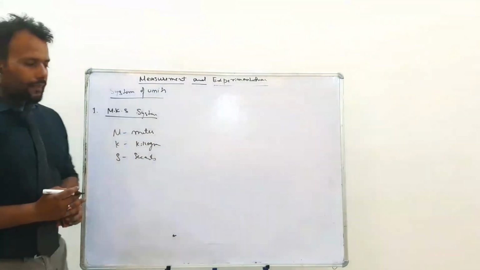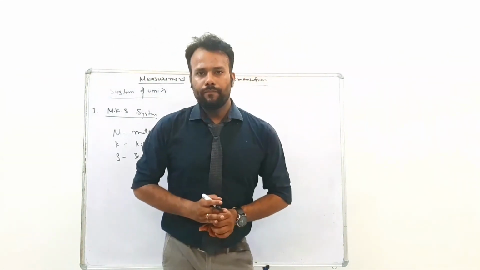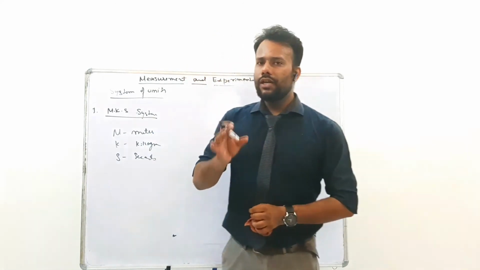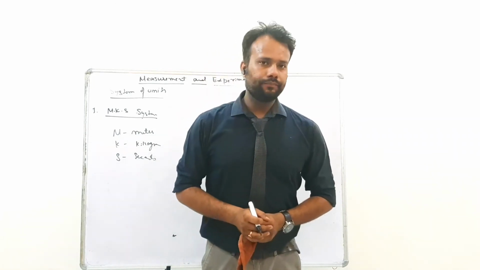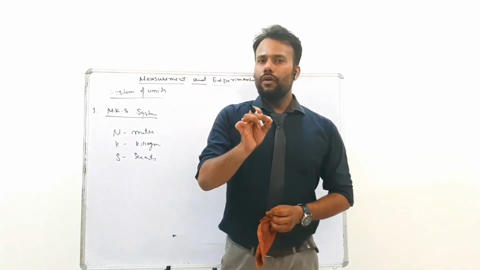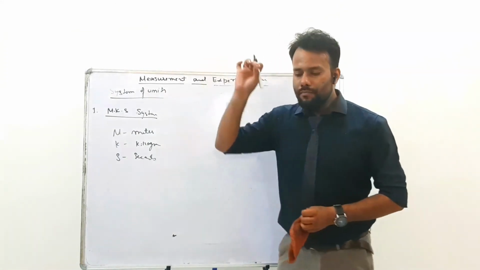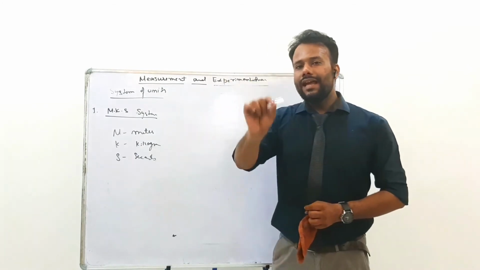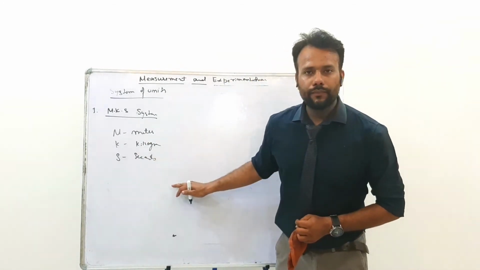So it says that suppose you are doing a certain experiment, and in that experiment you need to measure length, time and the mass of the body. Then you must take this system and must measure the mass in kilogram, the length in meter and time in second.